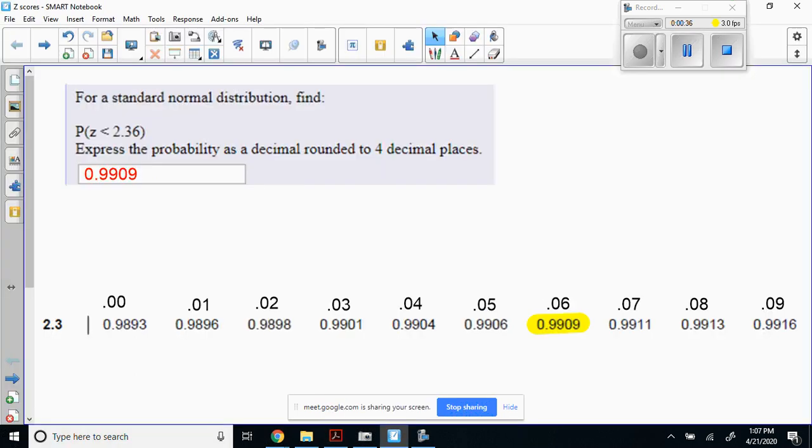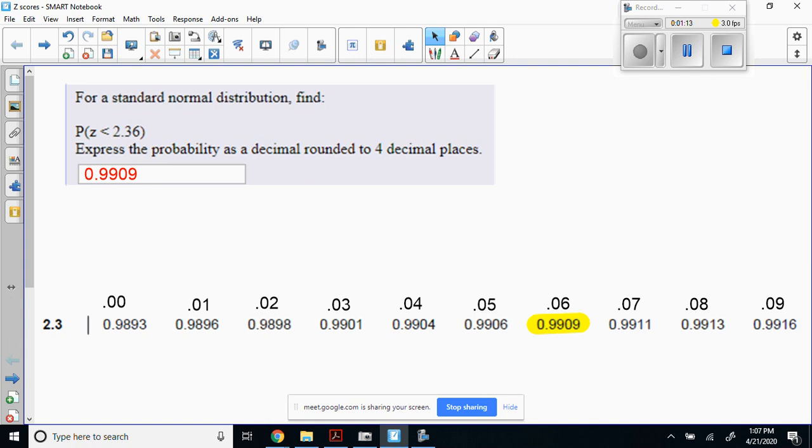Now, before we get too much into z-scores, why do we have z-scores? Well, yesterday you filled out one standard deviation, two standard deviations, three standard deviations above the mean and below the mean, right? And that was great.